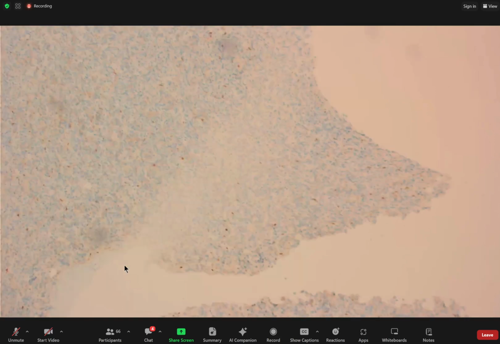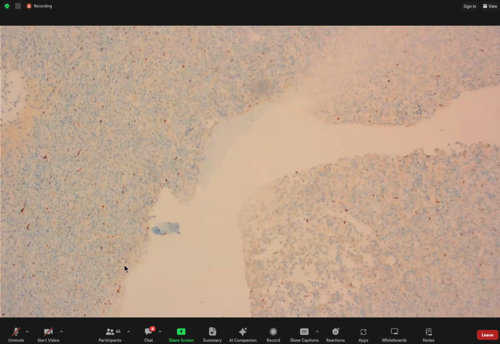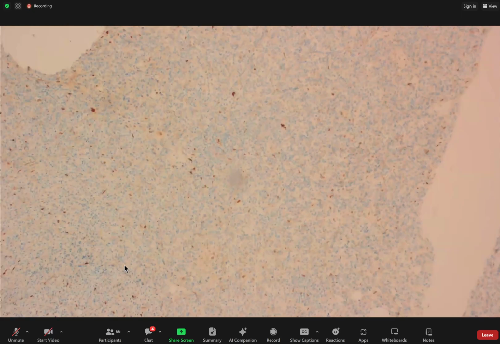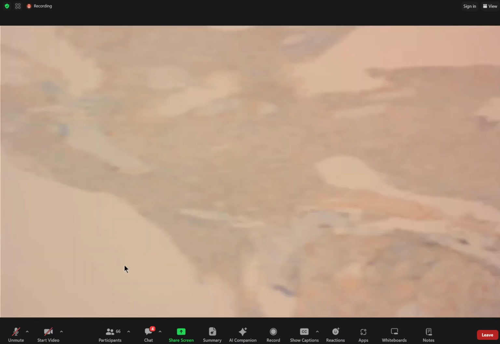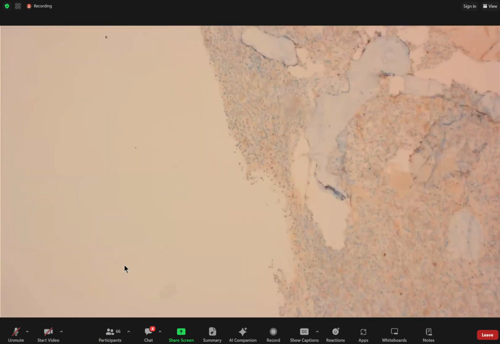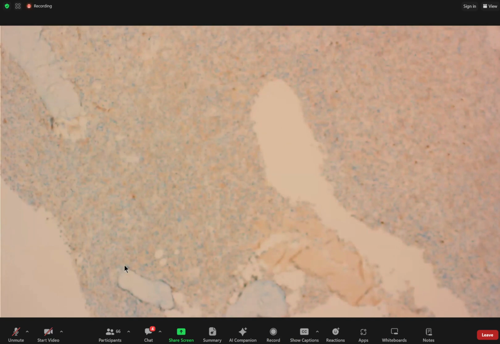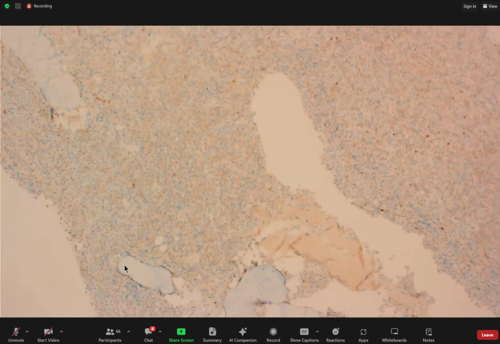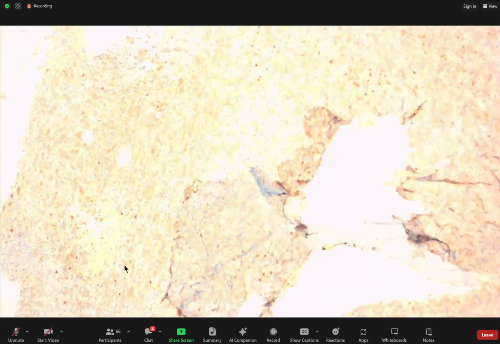Then we have our cyclin D1. Cyclin D1 is also negative. Next is CD10. CD10 again, they are negative, only very scattered positivity, probably some residual granulocytes.